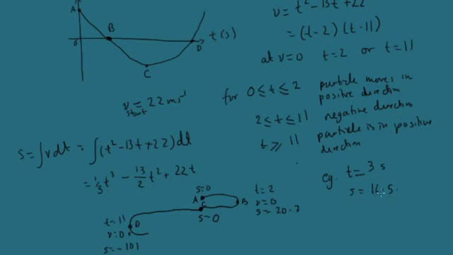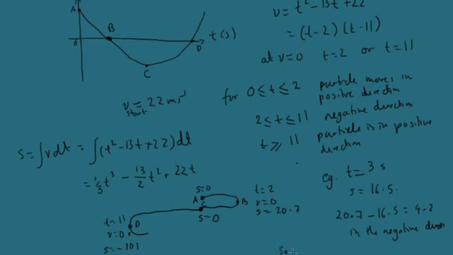However, the object travelled 20.7 in the positive direction, and then minus 16.5, so we get to 28.7 that is travelled here, and then minus 16.5, and that's 4.2 meters in the negative direction.